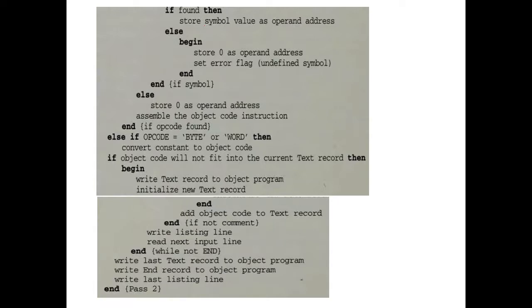If you find that operand value and have the operand address, store the value as the operand address. Next, if you don't find that symbol value in the symbol table, store 0 as the operand address or set the error flag.